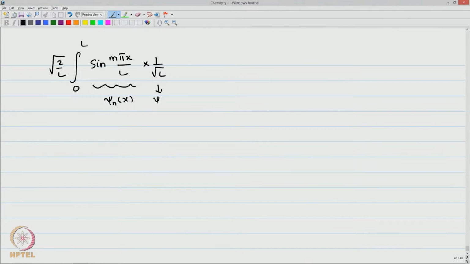The integral over dx will immediately give you Cm on the right hand side, because this will pick only the Cm, all the others will go to 0.